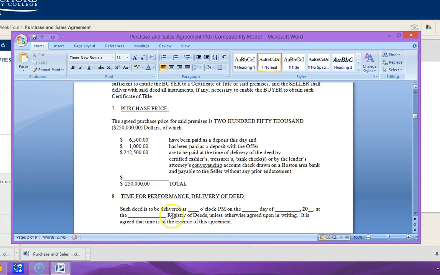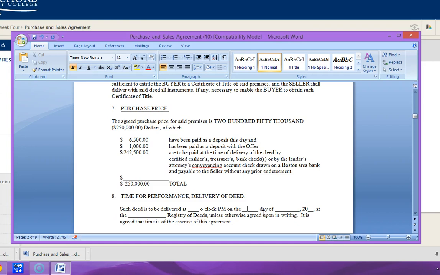Now you work on setting the time for closing, which is sometimes referred to as the time for performance, because that is the time when the buyer and seller will actually perform their most important promise in the purchase and sales agreement, which is just to buy and sell the property. So you pick a day of the week that is not a holiday, all right?